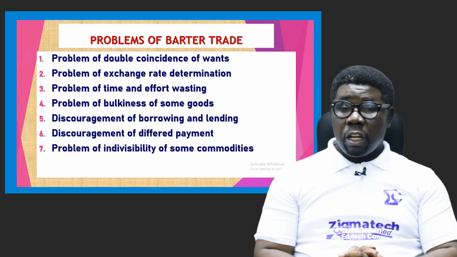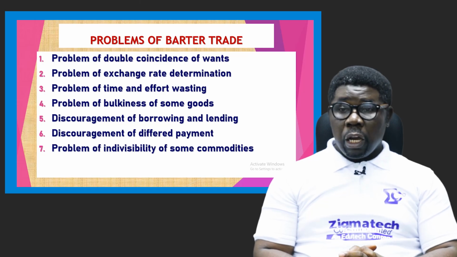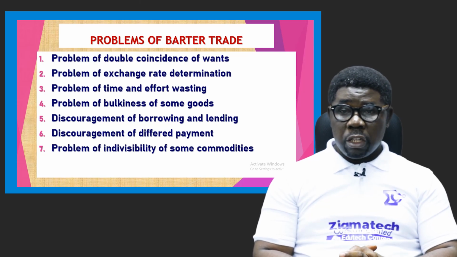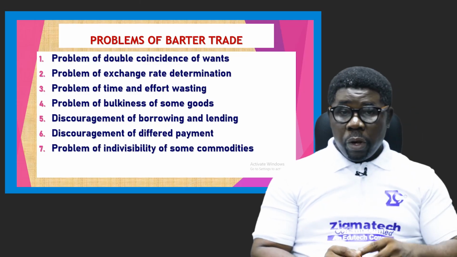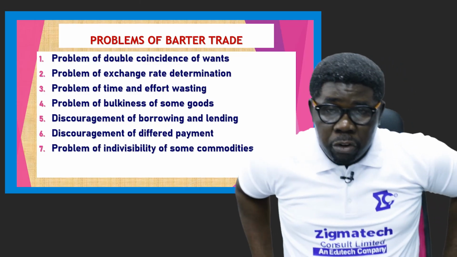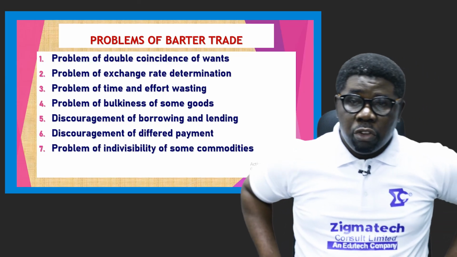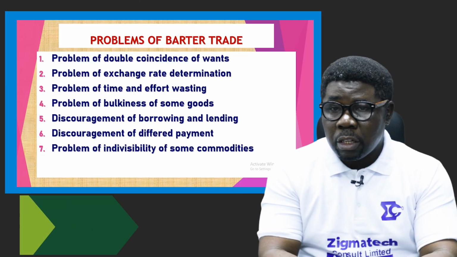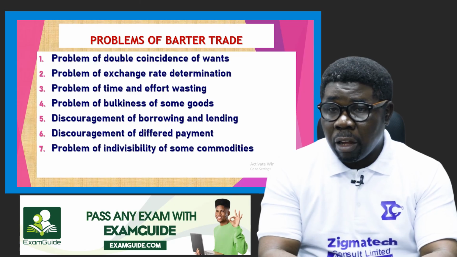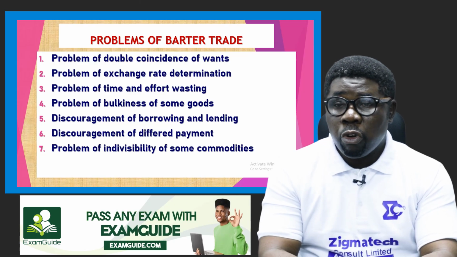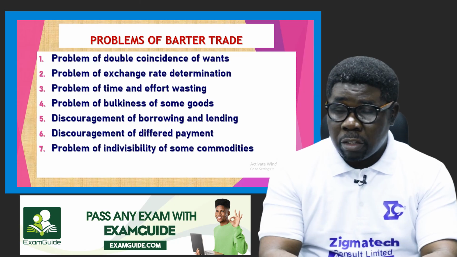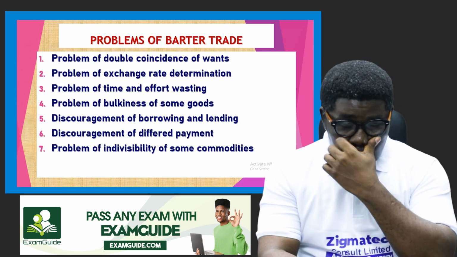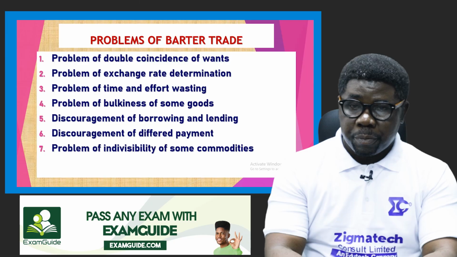It means that if you want to trade, you must have what I am looking for, and I must have what you need for us to do an exchange, without which there will not be any form of transaction happening between us. So that period of looking for who has what I want and who needs what I have is what we call the double coincidence of wants. Without that in place, no trade will take place.